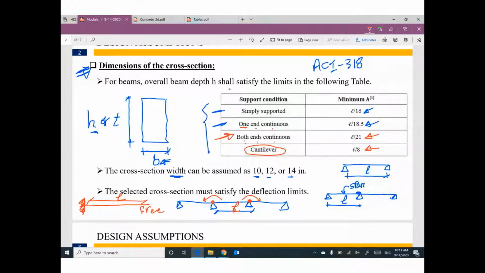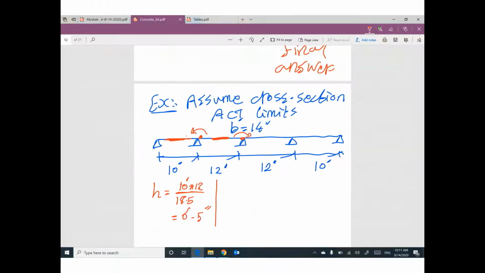So span divide 21. So H equal span, which is 12, divide 21. But this 12 in feet, I'm gonna multiply it by 12 to be in inch. So 144 divide 21, your value will be 6.85. The same here, the same here. So I'm done.